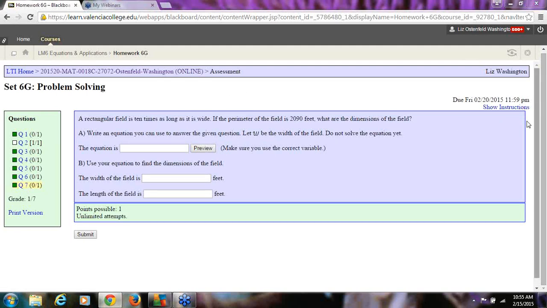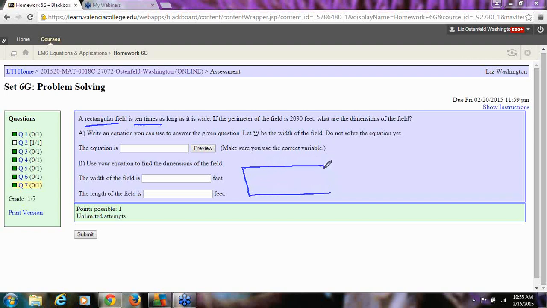Okay, so now we got our pen back. A rectangular field is 10 times as long as it is wide. So right here, they're talking about a shape first of all, and then they're talking about 10 times as long. They're describing the shape without really giving me a whole lot of information. So before you do anything, go ahead and draw the shape.